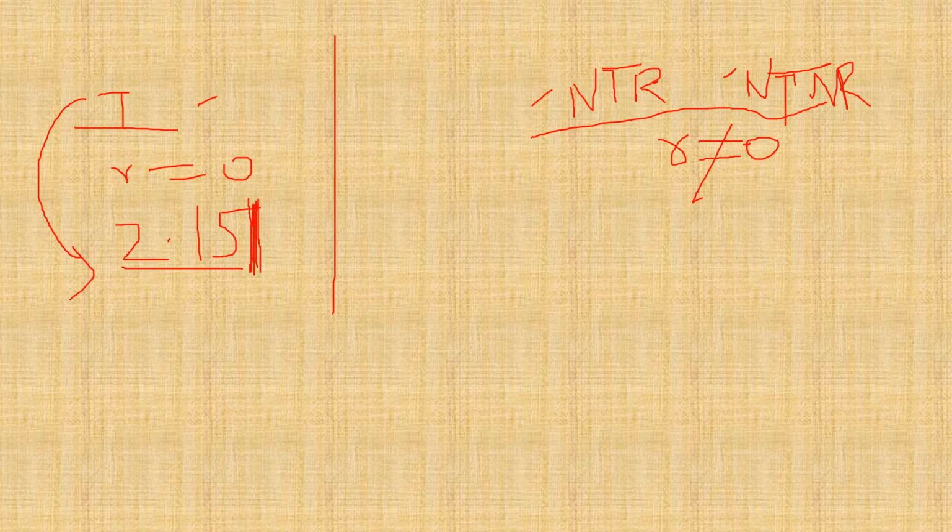Suppose I gave you one example, 3.14222 and so on. There is a continuation, meaning the remainder is not equal to 0, and the same digit is repeating, so it is non-terminating repeating.